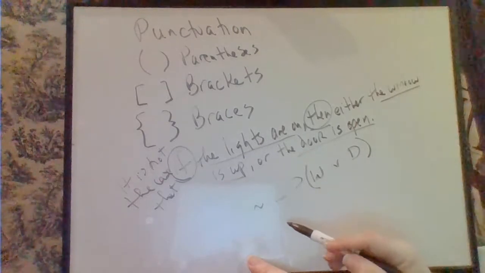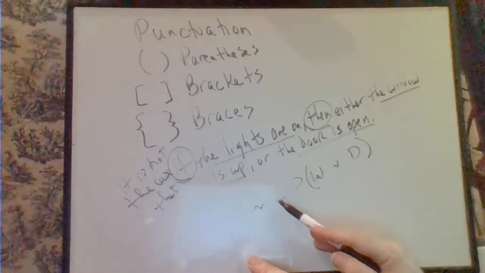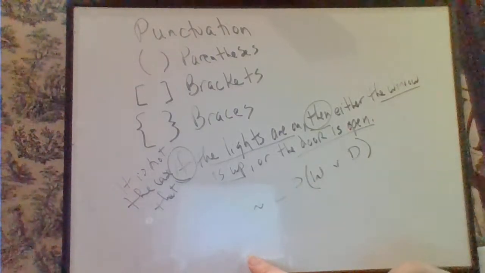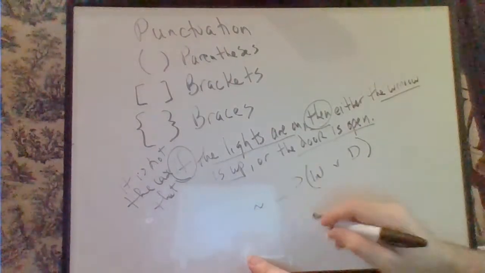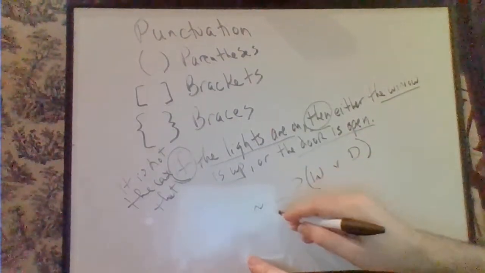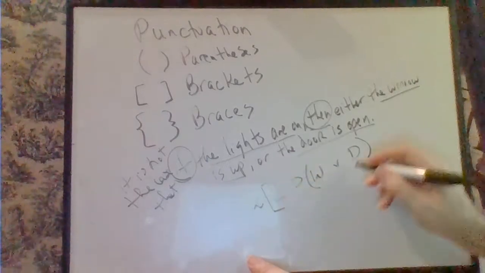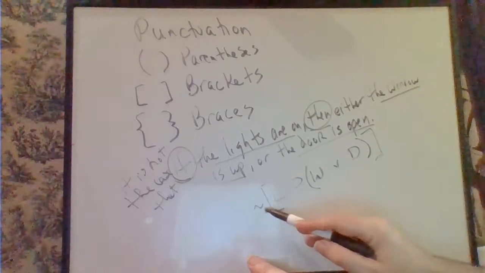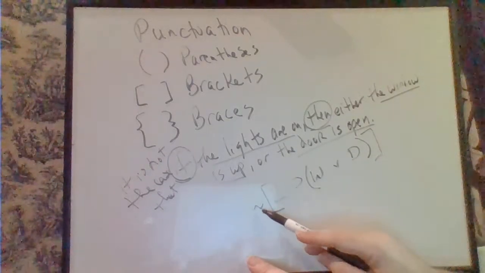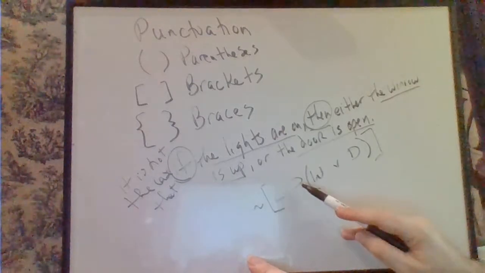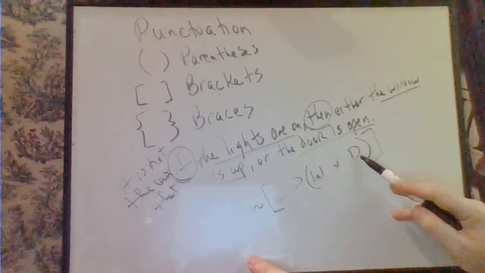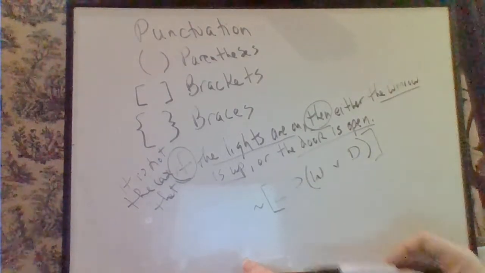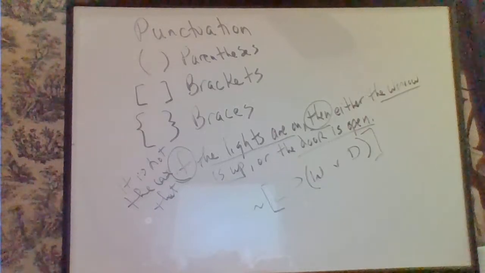Basically, this would say, if the lights are not on, then either the window is up or the door is open. And that's not what we wanted it to say. So, since we already have parentheses here, you're not going to have a double set of parentheses, so that's where you go on and use your second punctuation, which would be the brackets. So now that tilde ranges over the whole value again, so it is not the case that if the lights are on, then either the window is up or the door is open. Okay. So that's the basic idea as far as brackets are concerned.